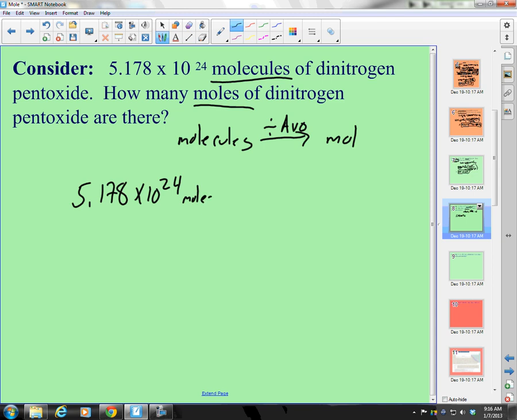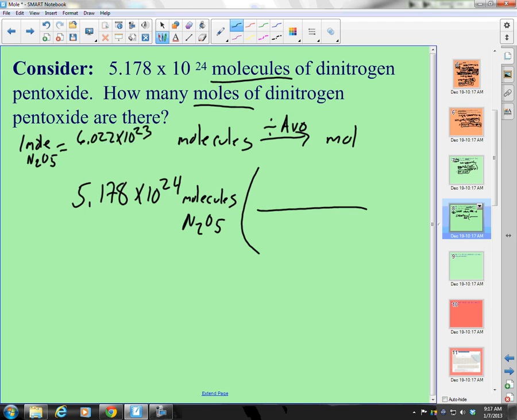Molecules of dinitrogen pentoxide. And I'm going to multiply that by a fraction. And what's going to go on top? What's my equality? I have 1 mole of dinitrogen pentoxide is equal to 6.022 times 10 to the 23rd, what? Molecules of dinitrogen pentoxide.